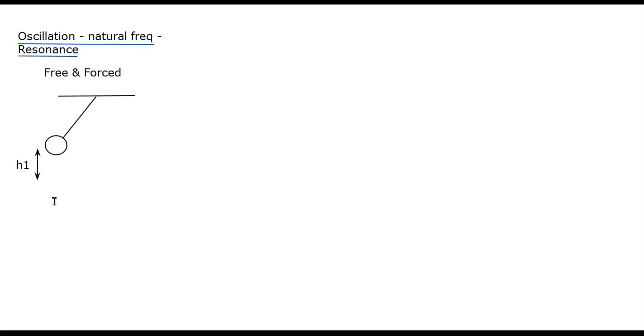Now, if I hold it at h1 and then I let go, what you see is oscillation. It will start to swing here and swing back, right? That's called one complete oscillation. As it swings back to the original position, that is one complete oscillation.